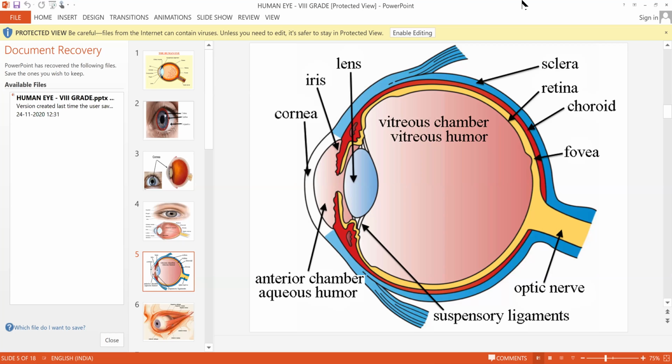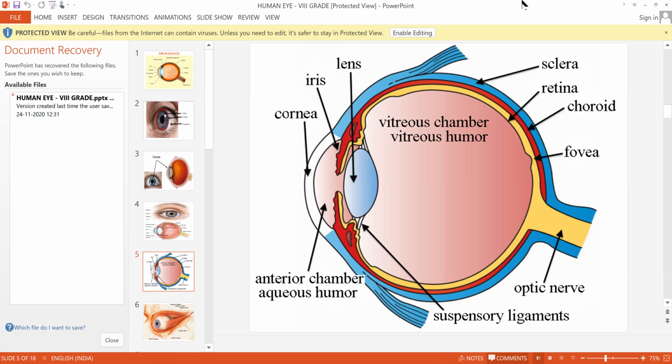These blood vessels supply the nutrients to the cells, and whatever the waste products are there, this choroid helps in removing the waste products. Second function is this choroid is pigmented, and it makes retina look into a dark color or black color. And because of this black color, whatever the light entering into the eye, the reflection of light is prevented.